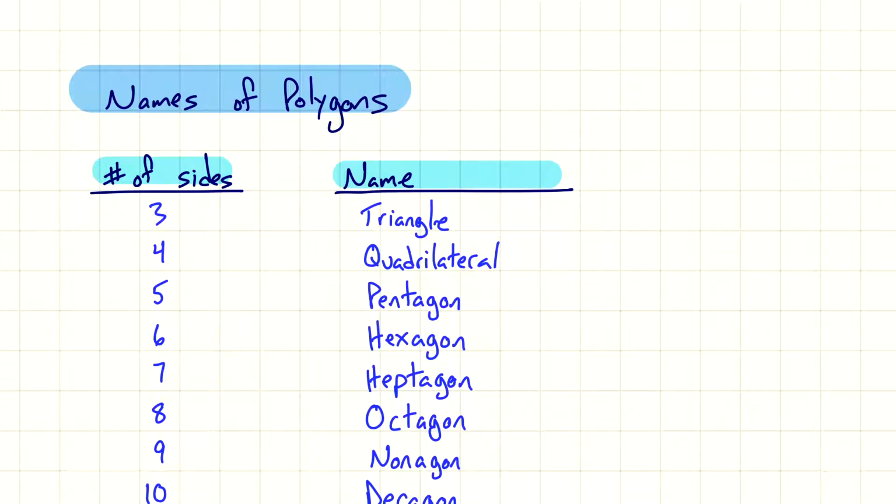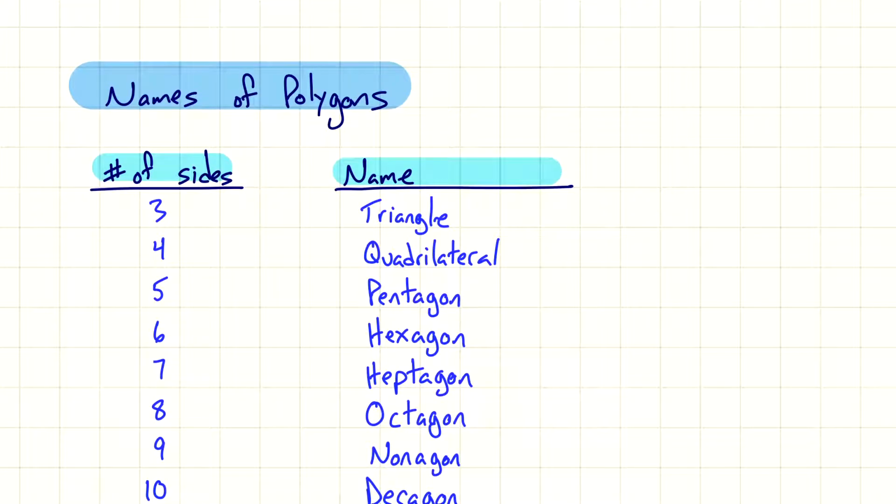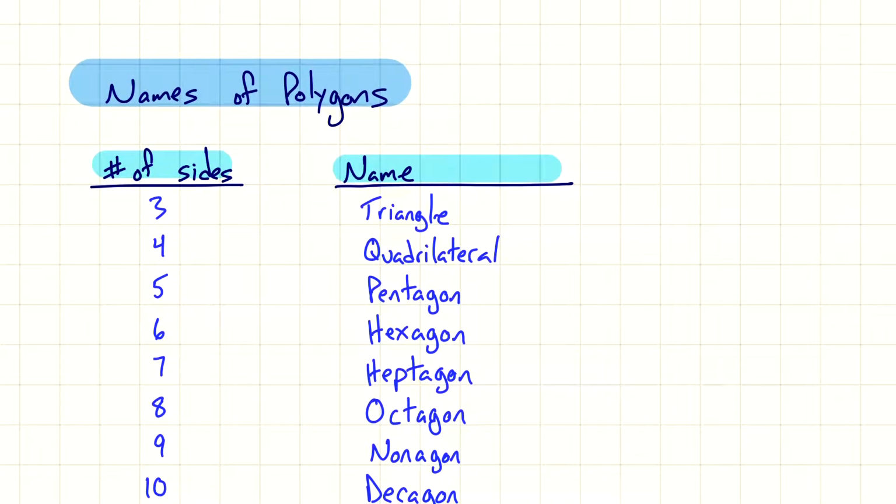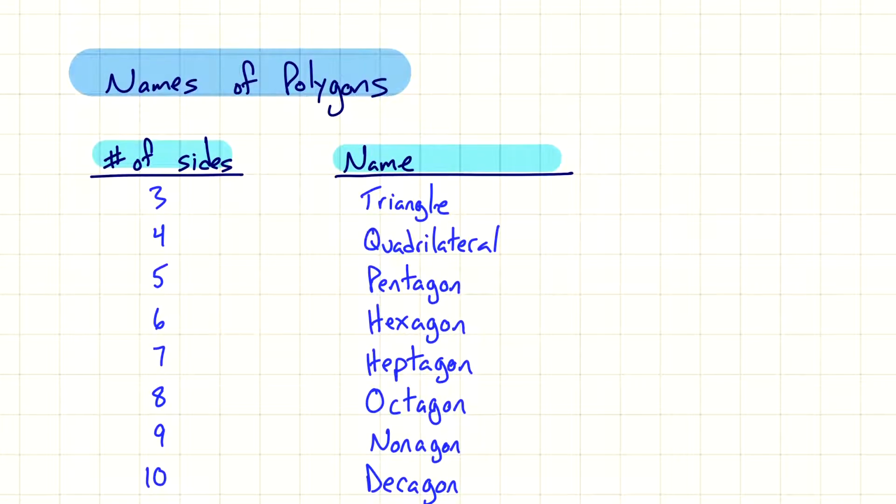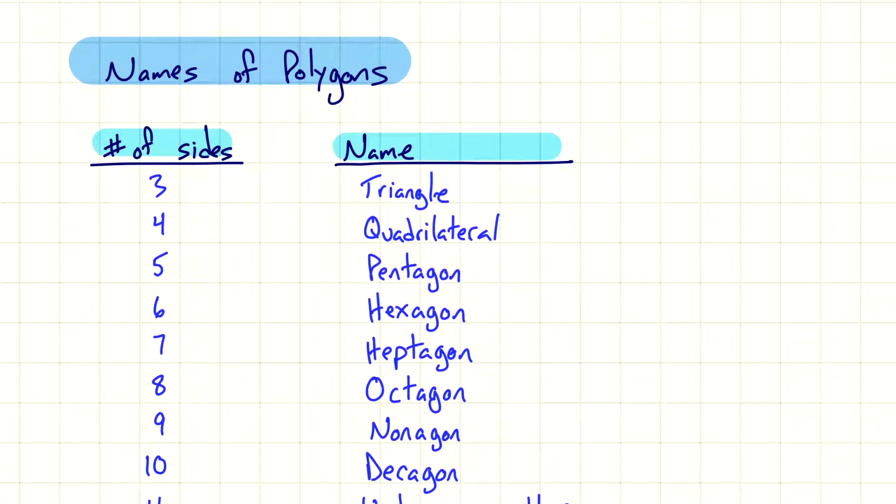Nonagon, here's one that's maybe not so common. 9 sides is a nonagon. 10 sides, hopefully you're familiar with that: decagon, kind of like 10 years is a decade, or we measure things using the decimal system, which goes by tens.